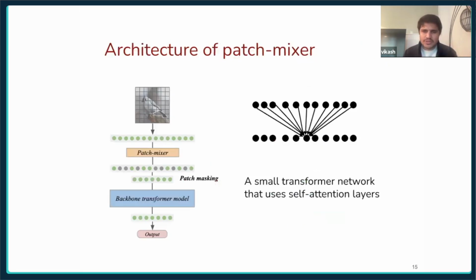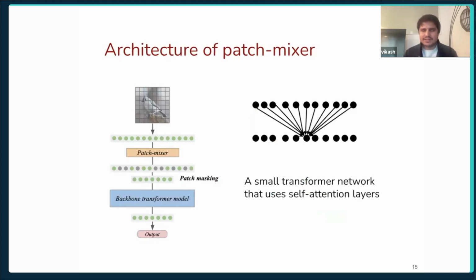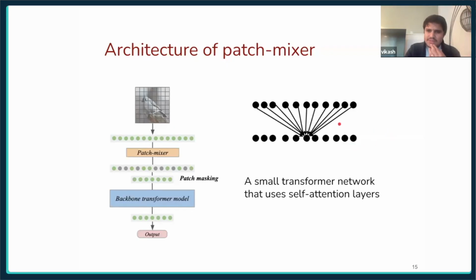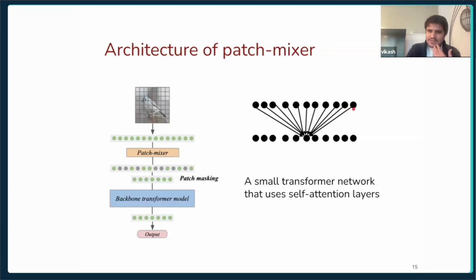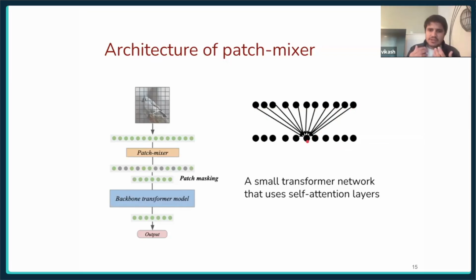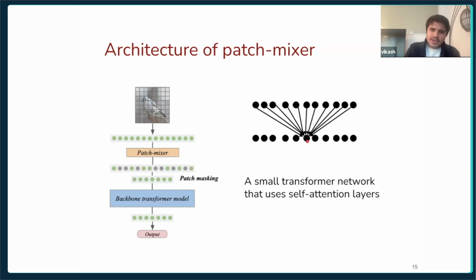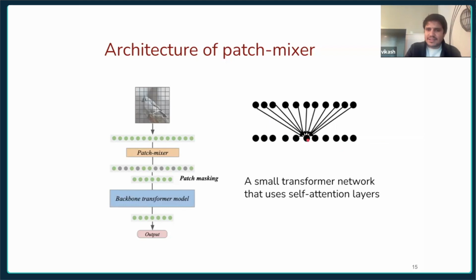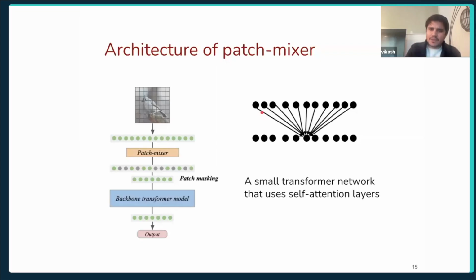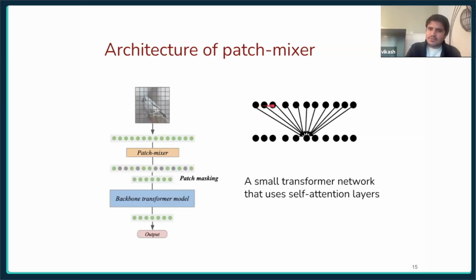This can be seen a bit more intuitively from how attention works, for example. One of the key principles behind attention in transformers is that I'm taking all my input tokens or patches and instilling this design that each output will be a weighted sum of the information in these individual tokens.